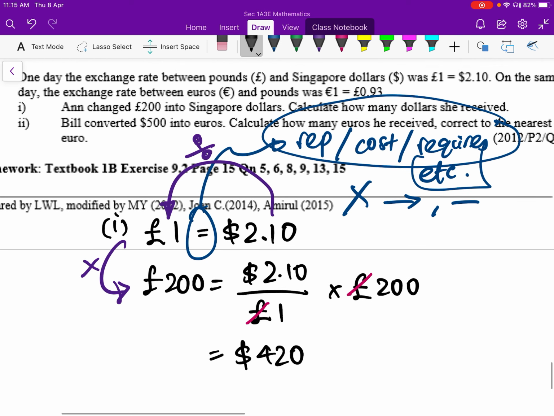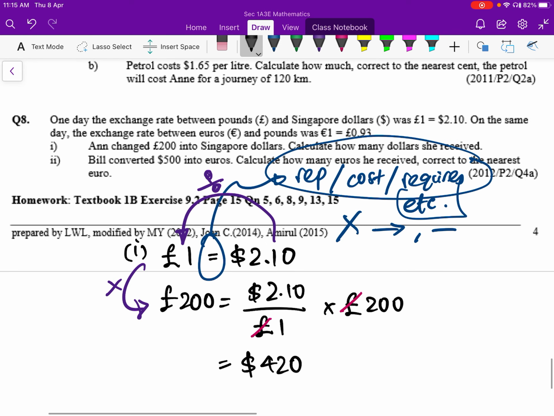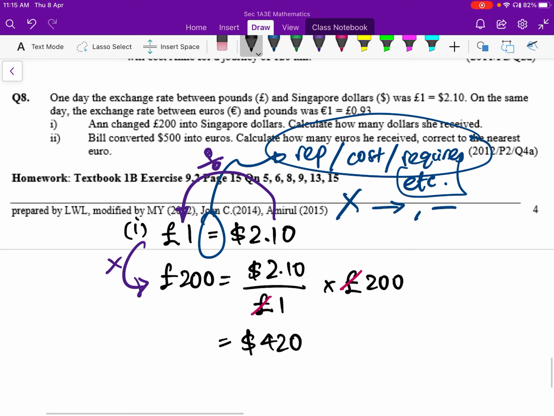Then part 2. Bill converted $500 into euros. How many euros did he receive? Okay, can I erase what I have here already? Erase. Who needs more time? Okay, hurry.